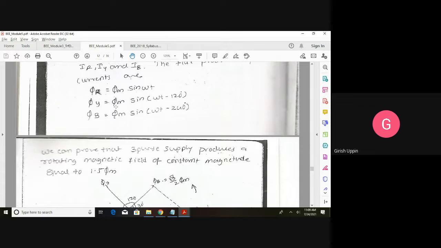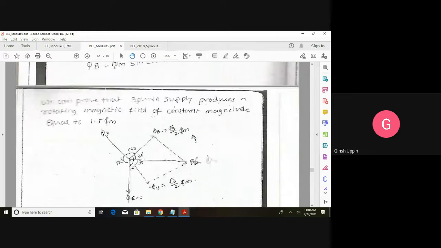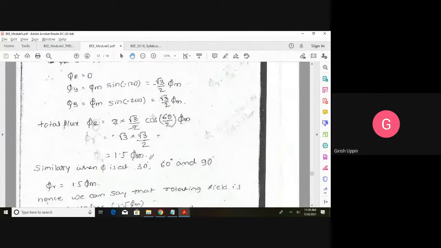Now phi y is equal to phi m sine of 30 minus 120. So 30 minus 120 is minus 90 degrees, that is minus 1 times phi m. Similarly, phi b is equal to phi m sine of 30 minus 240, that is sine of minus 210. So you have to find all those and draw the vector diagram.